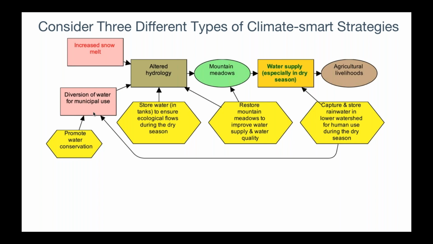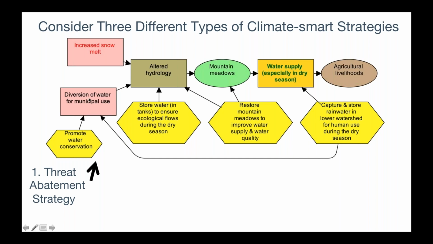So there are different types of actions that you can take to address this. You can promote water conservation. That would be a typical threat abatement strategy. This is an example of, I think it was Jody who mentioned, where you've got a conventional direct threat interacting on the same stress with a climate threat.